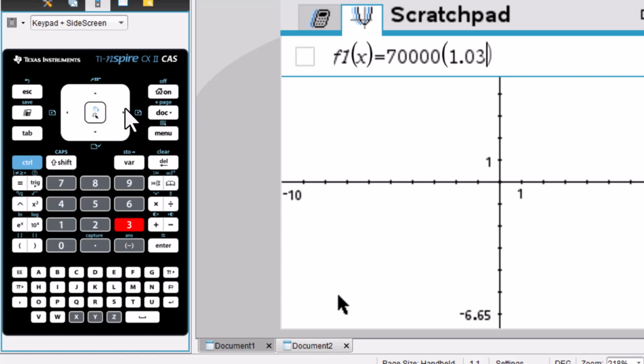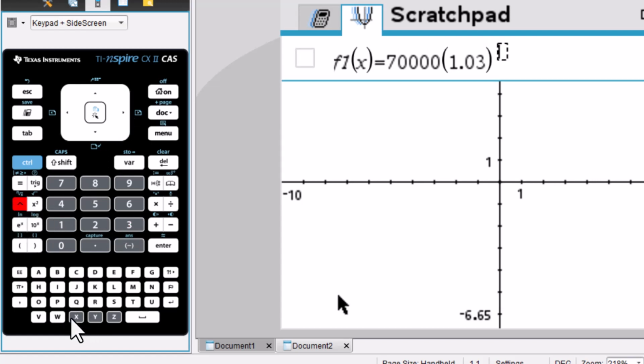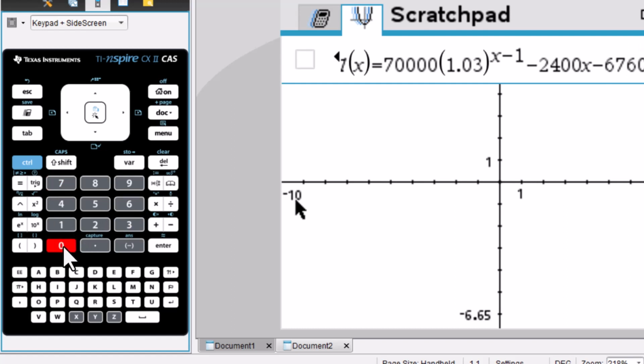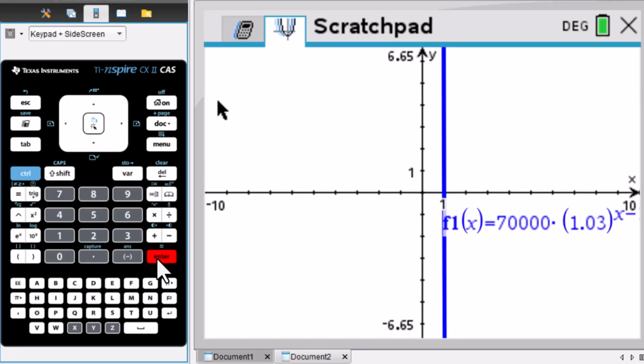When you put a function into graphing, you have to change all the variables into x. So 70,000 times 1.03 to the x minus 1's power minus 2400x minus 67,600. Enter.